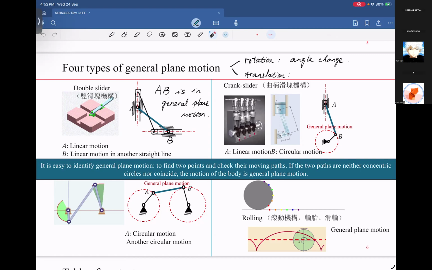You should think about two questions. You can identify general plane motion from a rotation, and you can identify general plane motion from translation, from curvilinear translation.